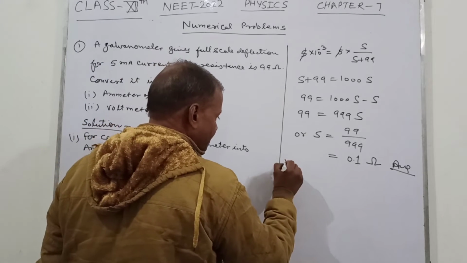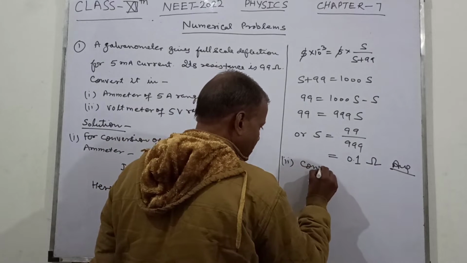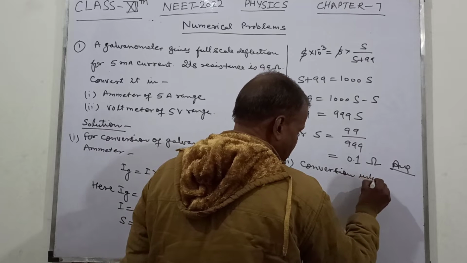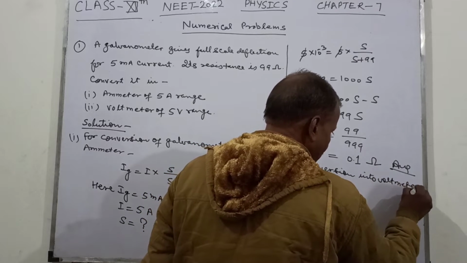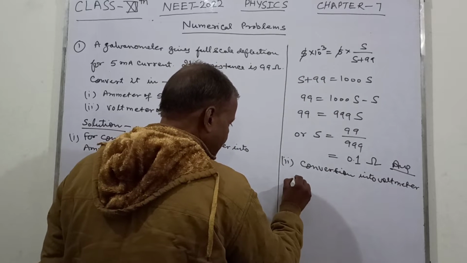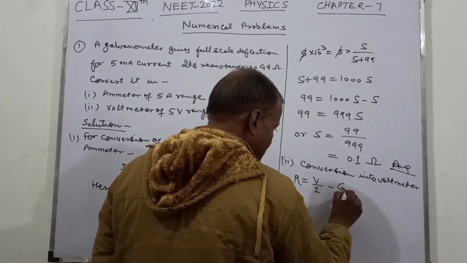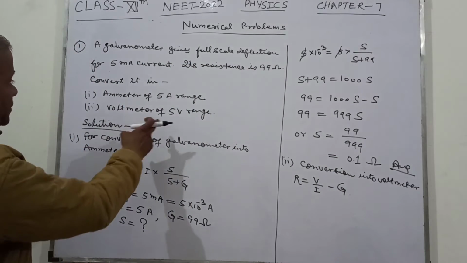For the second, conversion into a voltmeter, we have R equal to V upon Ig minus G. This is the formula. Here V is given to be 5 volt.